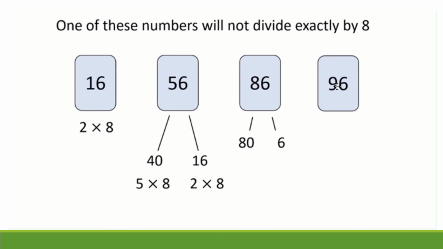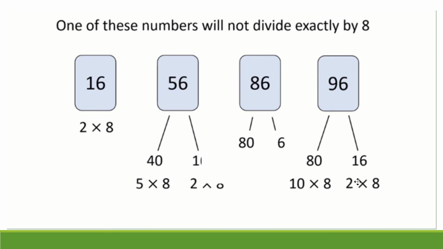Let's take a look at the number 96. Again, we could partition 96 into, let's see who's got the right partitioning, 80 and 16, because 80 and 16 makes 96. And we know that 10 times 8 equals 80. So 8 will divide exactly into 80 10 times.